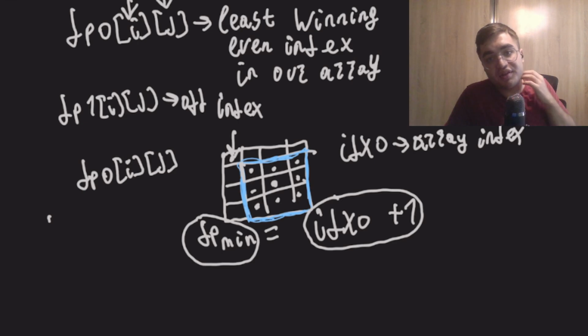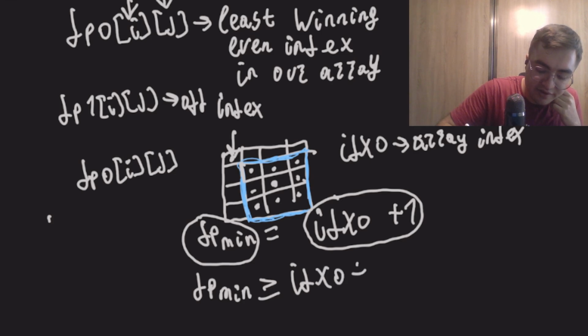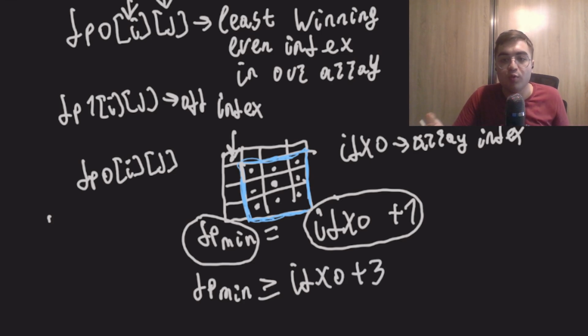Now the question arises, in what cases can we update our dp? Those are the cases when dp min is bigger or equal than idx 0 plus 3. Because now we know that the least index such that the opponent will choose it and win is actually not the next index.